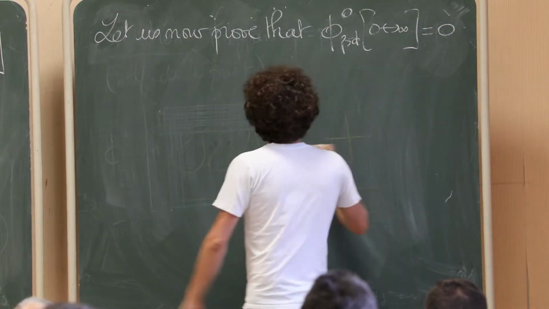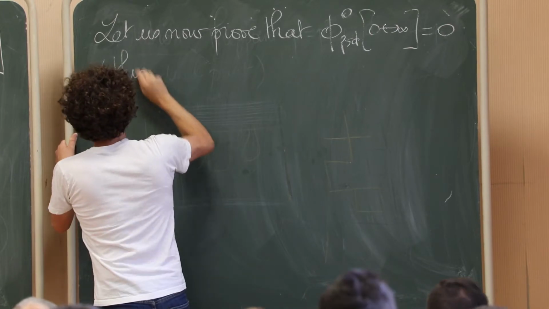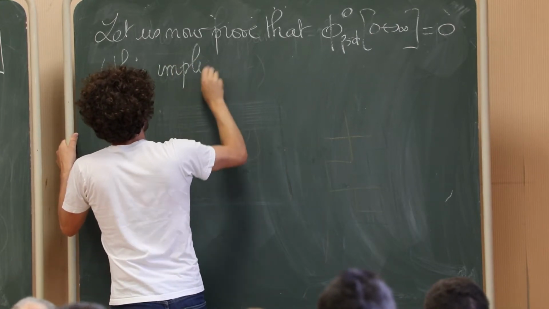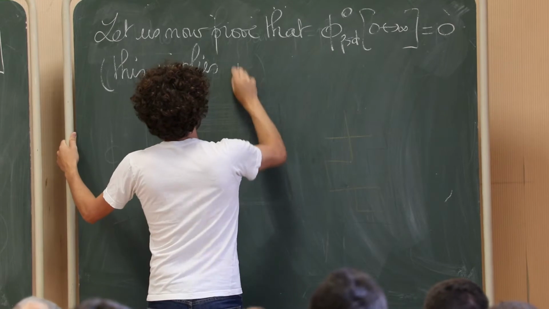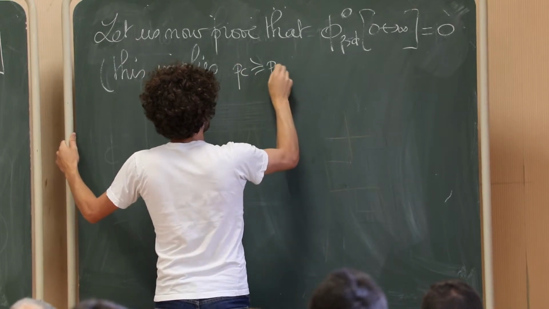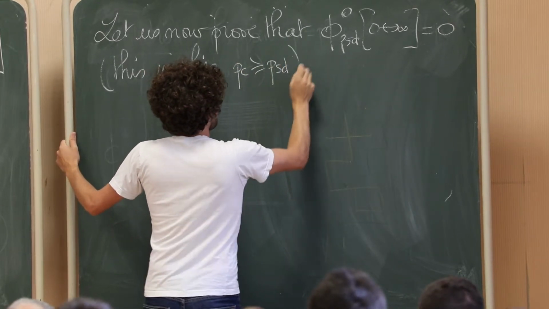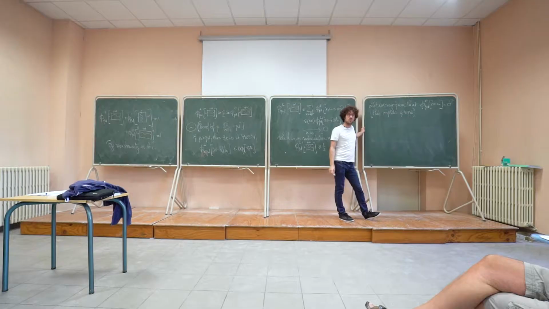Notice that this implies that PC is larger or equal to P self-dual. For which reason, it's not that simple. It implies that because phi 0 is equal to phi 1 for almost every point.